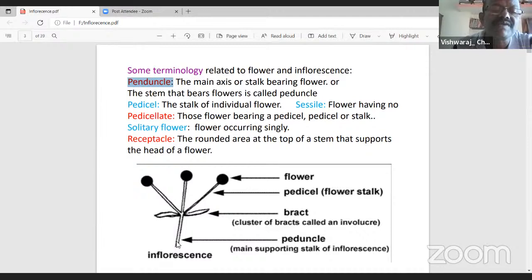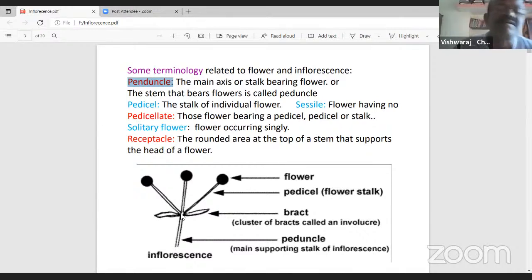From its base attached on the stem to this part is a peduncle. Why is it called the main axis? On this main axis, a number of stalks develop. Here the number is 3, in some flowers 4, 5, 6, indefinite. And this main stalk from the base on the stem to here is called the peduncle.